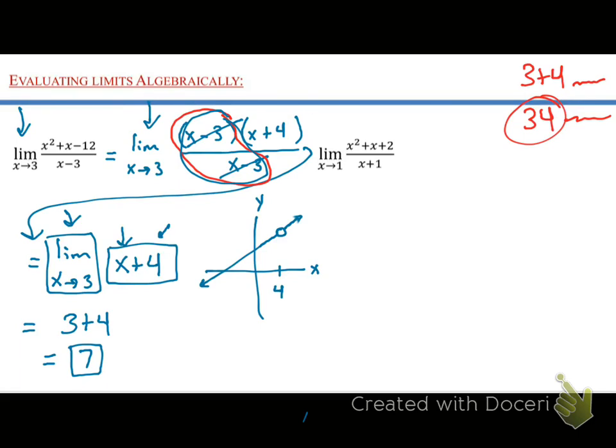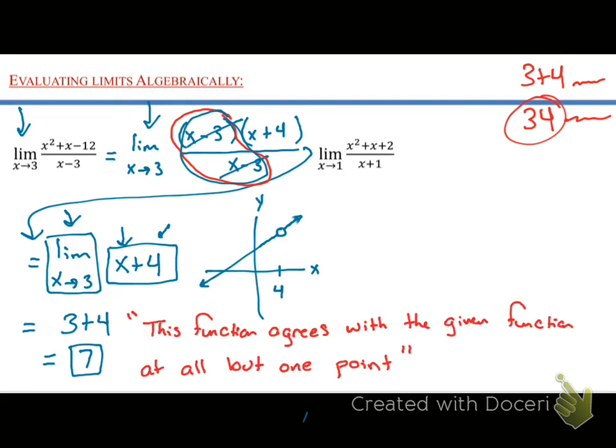Our book has a set of directions for your homework that says, let me write it down, I'll be right back. Okay, the wording that our book uses is this statement: this function agrees with the given function at all but one point.